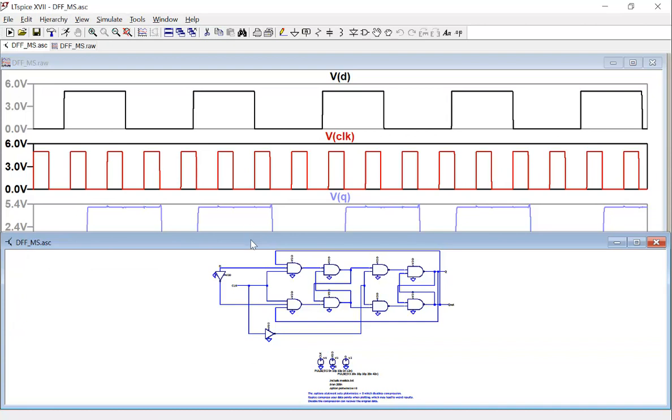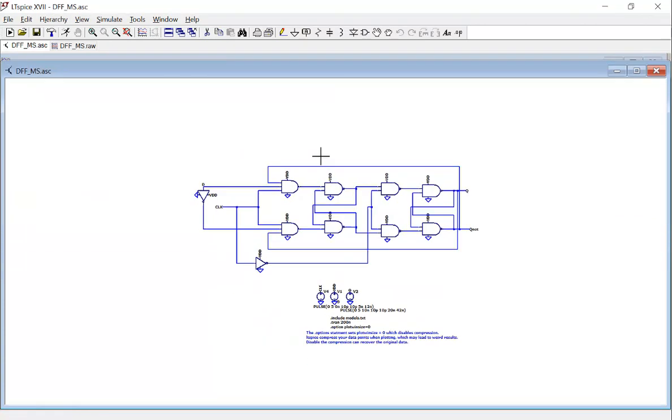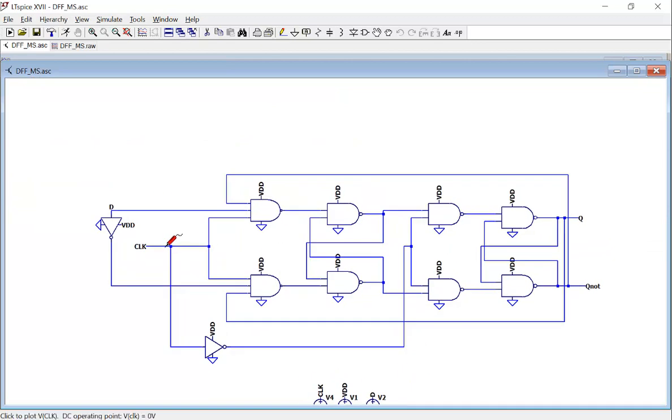And remember this structure? So when clock is high, the rising edge is being inverted, so the second stage has a falling edge. So it's actually blocking the signal from here to here.